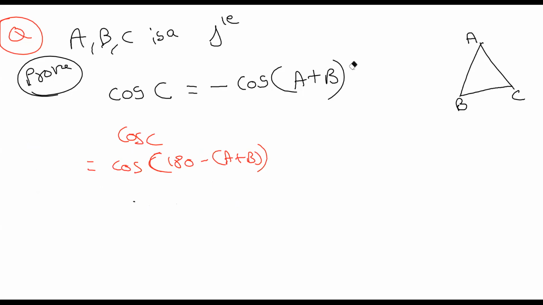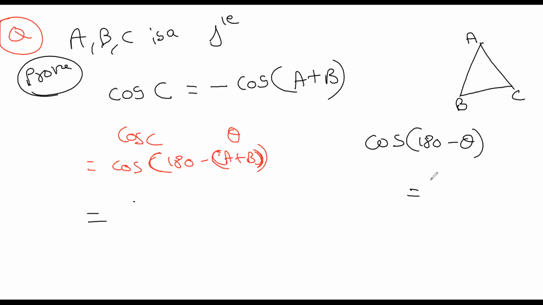This total is theta, whatever it may be. 180 minus of something, this total thing is theta. What is cos of 180 minus theta? Cos of 180 minus theta, not cos of minus theta.